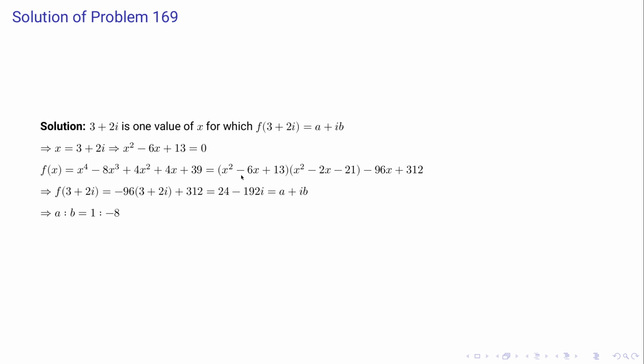Now we substitute x is equal to 3 plus 2i. This whole term would become 0, and 96 would be multiplied with 3 plus 2i, and then 312 is there. So this gives us 24 minus 192i, which is equal to a plus ib. Comparing real and imaginary parts, a is equal to 24, b is equal to minus 192. So a is to b is equal to 1 is to 8.